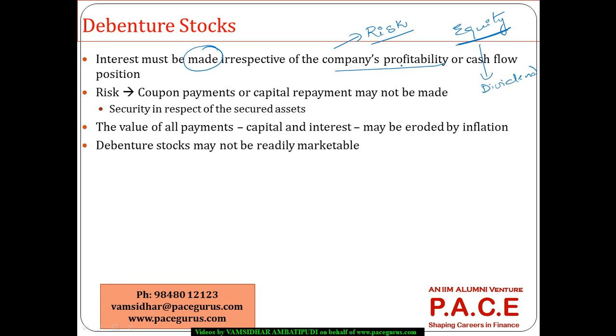Even if the company does not make a profit, even if it is into a loss, the interest payment has to happen. So that is one major risk. And the biggest risk is that at any point in time the company may default, which means the coupon payment or the capital repayment may not happen on time. And if it is a secured asset, fair enough. The secured asset can very well be sold off and the proceeds can be used.